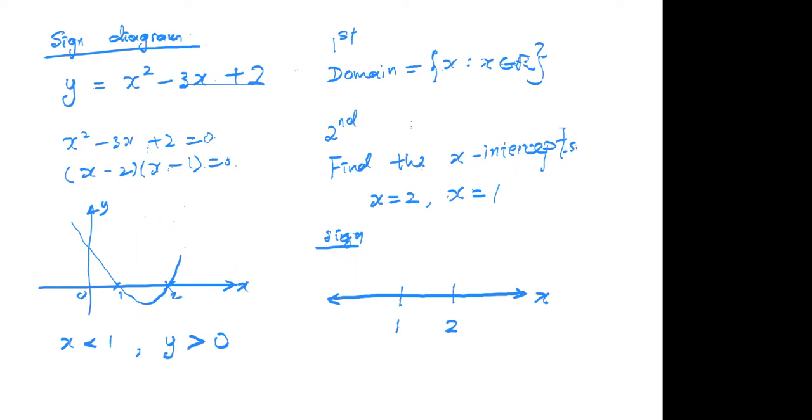So I put a positive sign here. So this is called a sign diagram. The positive sign is telling you that for x less than 1, y is greater than 0. For x between 1 and 2, y is less than 0, correct? So I put the sign negative.